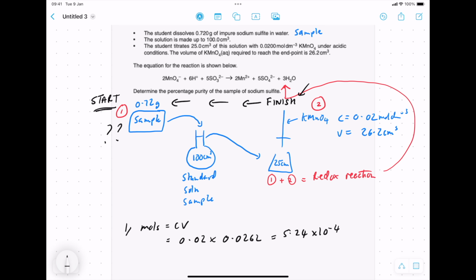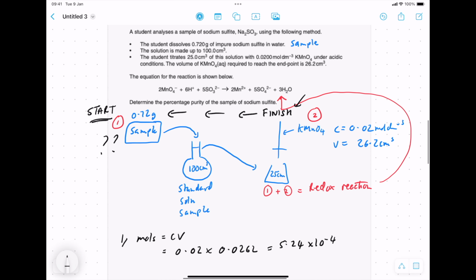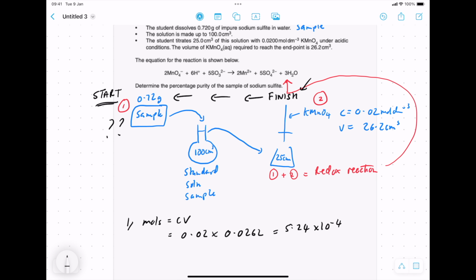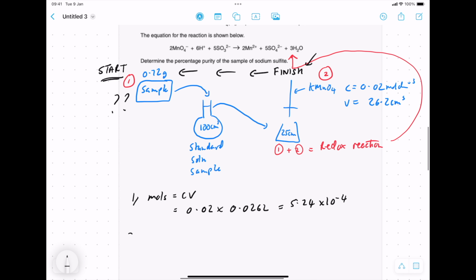Okay, so now the next thing we need to do is work out how much sulfite is reacted. To do that, we use the molar ratio of the potassium manganate to the sulfite reacting. So you can see 2 lots of this reacts with 5 lots of that. So if I want the moles of SO32-, I've got to apply this 2:5 ratio.